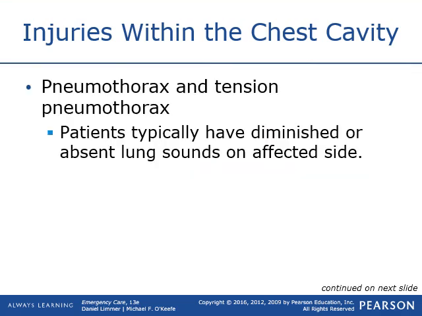Patients typically have diminished or absent lung sounds on the affected side. Anytime there's chest trauma, you want to listen to lung sounds, compare side to side. If you have extremely diminished on one side or completely absent, definitely get history from the patient if able to. Make sure there's not a medical explanation as to why that is. But I have a high suspicion of a pneumo or a tension pneumo.